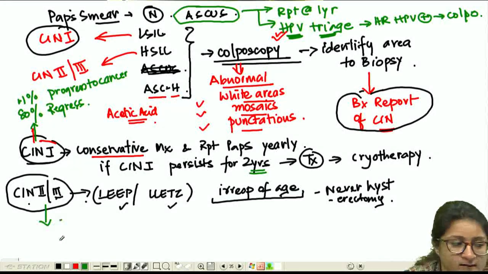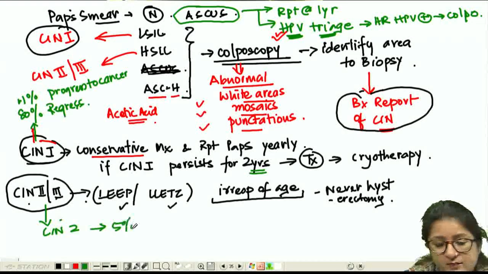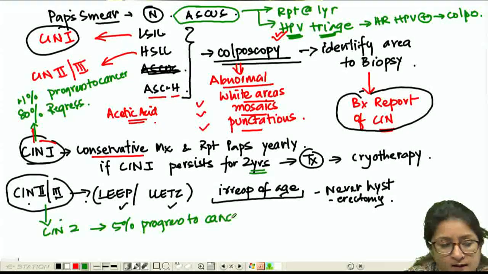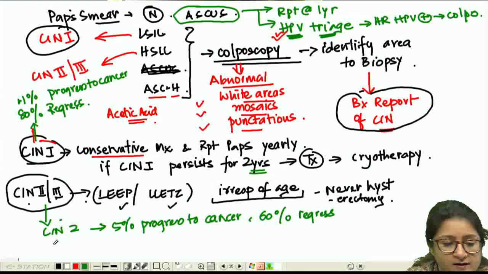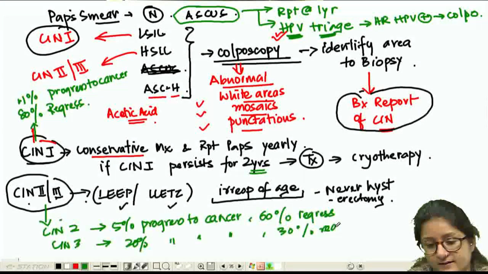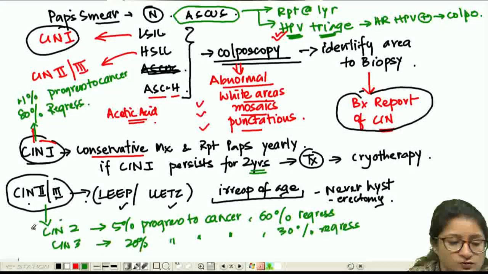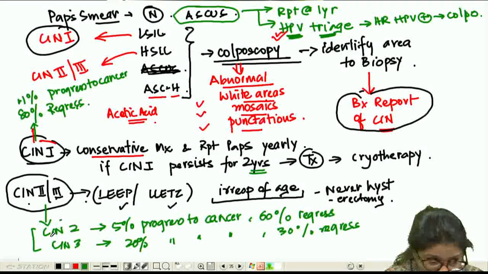With CIN2 and 3, we have to remember that with CIN2, 5% progress to cancer and only about 60% regress. But with CIN3, around 20% progress to cancer and only 30% will regress, right? Therefore, CIN2-3 needs immediate treatment, whereas CIN1 can be conservatively managed.